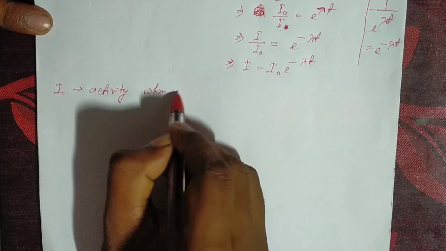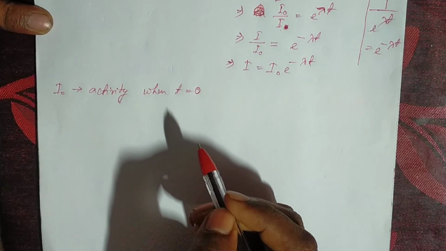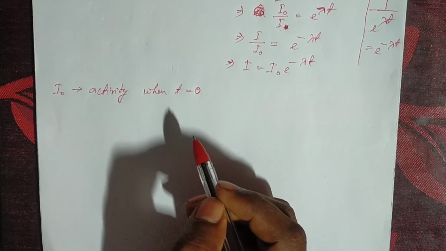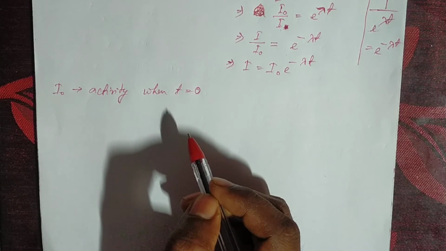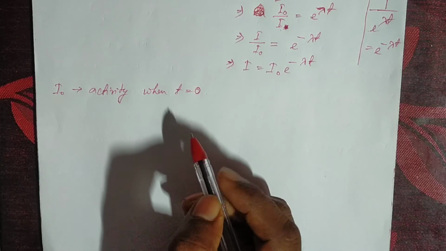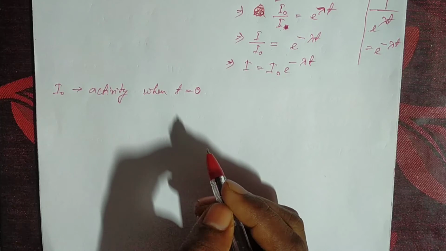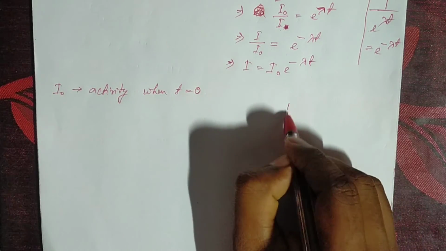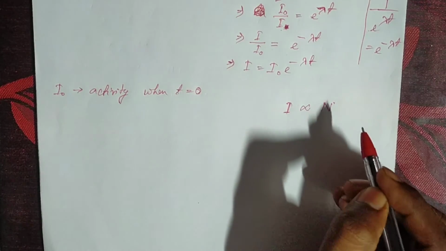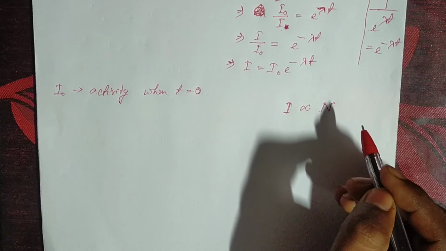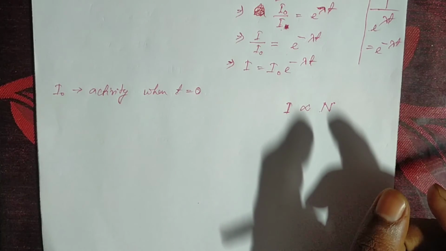when time is 0. We know that activity I is proportional to the number of atoms that have not yet disintegrated. That means I is directly proportional to n, the number of atoms.